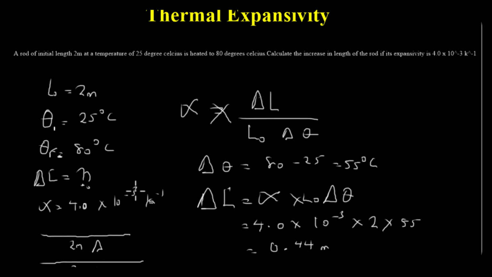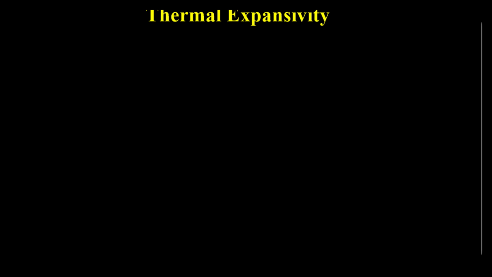Moving on to the second type of expansivity that we have, that is the areal expansivity. Area expansivity is also called the superficial expansivity. What exactly does it mean? When we were talking about linear expansivity, we had a metal that has a length, but this time around, my metal won't just have a length, it will also have a breadth.